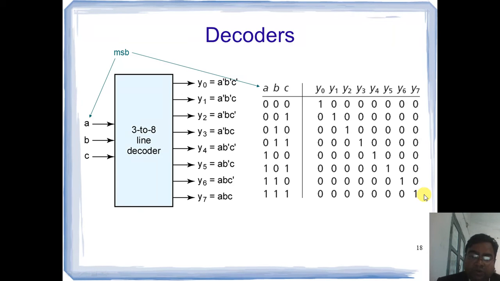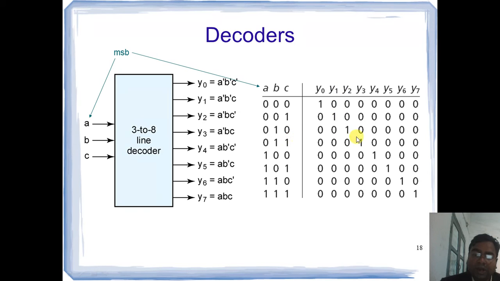We can observe from this that we are giving input in the form of binary, and depending upon this binary value, the corresponding output line will be active. This is binary 0, decimal 0, and it gives you the Y0 output, while the others are 0. Similarly this is decimal 1, so Y1 is active.